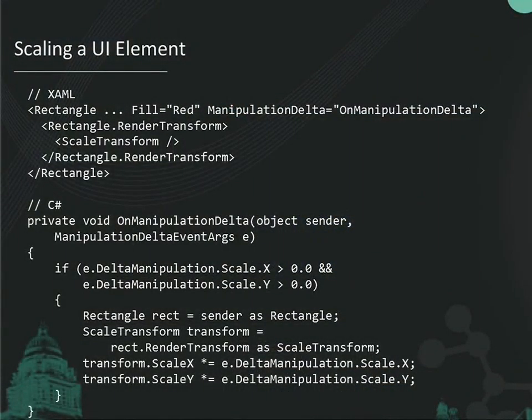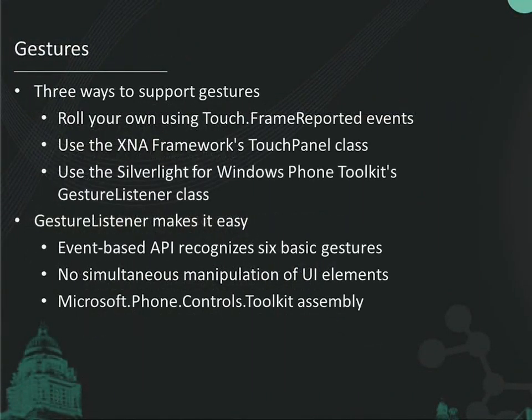Because when that first finger makes contact with the screen, scale.x and scale.y are 0. If you apply those to a scale transform, boom, the user can't see something that has 0 width and 0 height. So you always want to do this little check right here to make sure that before you scale something, there are indeed two fingers in contact with the screen.